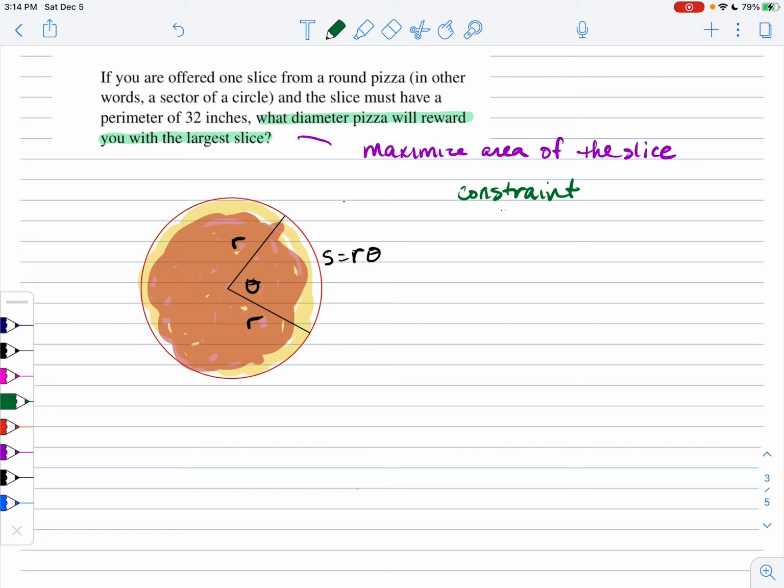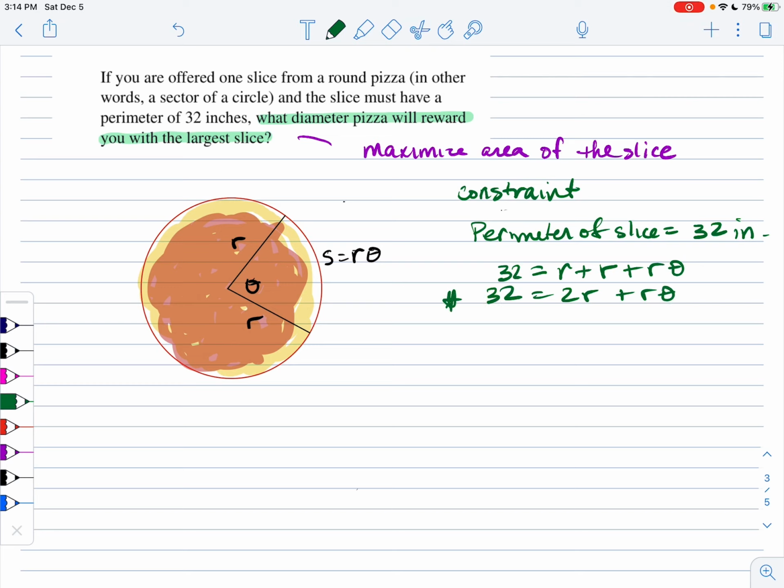The constraint that we have here is that the perimeter of the slice is equal to 32 inches. So that means 32 would have to be r plus r plus r theta, or 2r plus r theta. Okay, so that's our constraint that will get us to one variable.